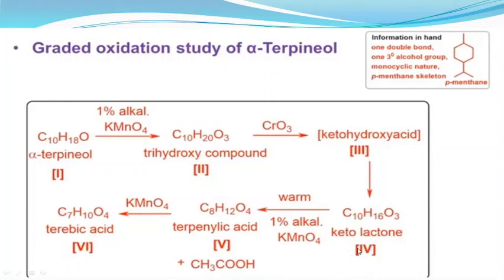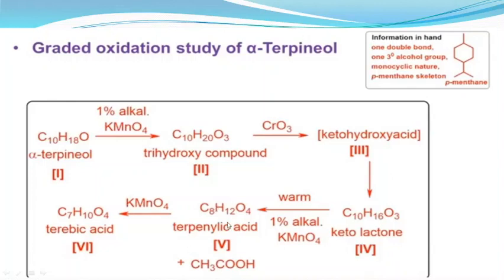which finally converts into a very important compound, number 4. This is the ketolactone, and on warming with 1% KMnO4, it degraded to terpenylic acid, C8H12O4, plus acetic acid. The formation of acetic acid gives very important information that a methyl ketone group is present in the ketolactone, which degraded to acetic acid.